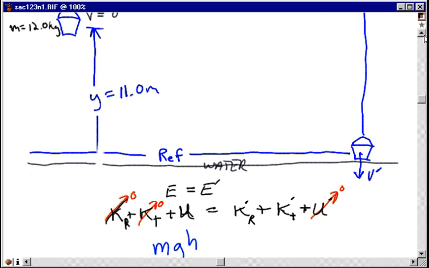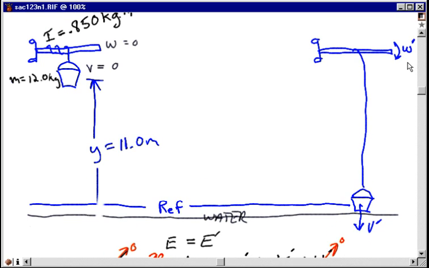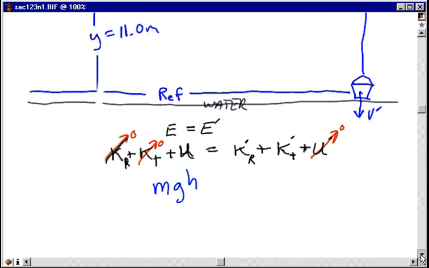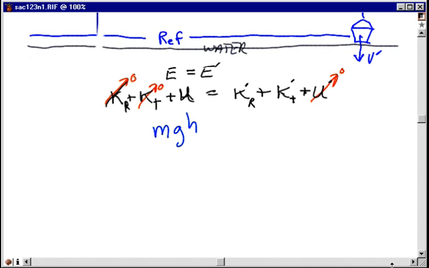I could put mass of the hand crank times g times height on both sides, maybe calling the height Z, but it's at the same height in both cases, so I'd have the same mgz on both sides of the equation. They cancel each other out. Better to just ignore it.